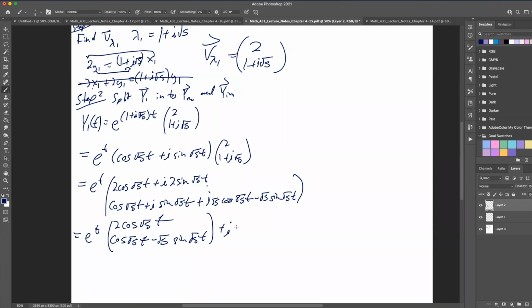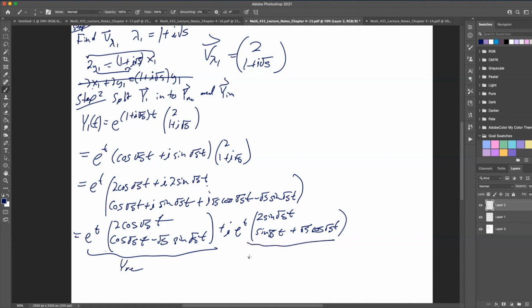This is imaginary. So plus i, and we're going to have e to the t, and on top we'll have 2 sine square root 5t, and on the bottom we're going to have sine square root 5t plus square root 5 cosine square root 5t. So this is my b real, this is my b imaginary.